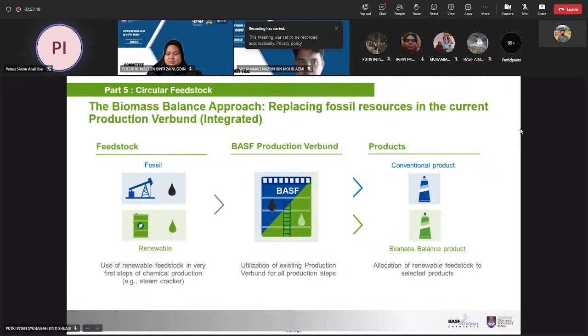And the products can be the conventional products, and also the biomass balance products. Technically, as you see from this page, we use either fossil, meaning non-renewable or virgin feeds, or renewable feeds. Technically, we are producing the same quality of final products. And this approach will not change much in terms of the processes, so that's why the integration cost will be lower. Okay, next.